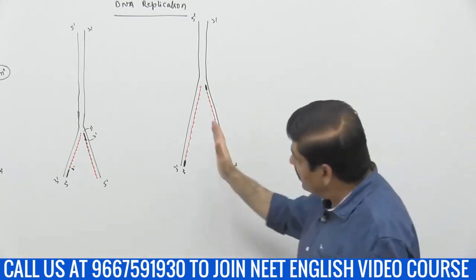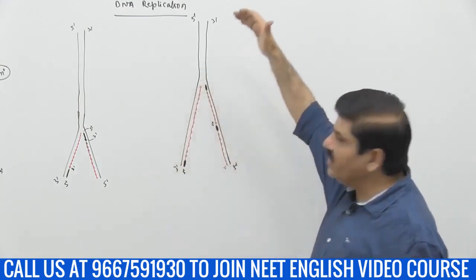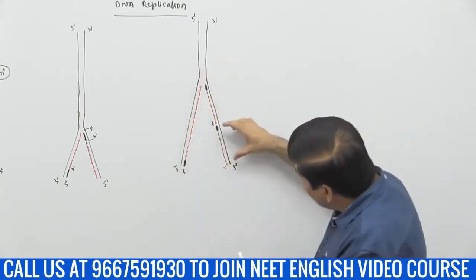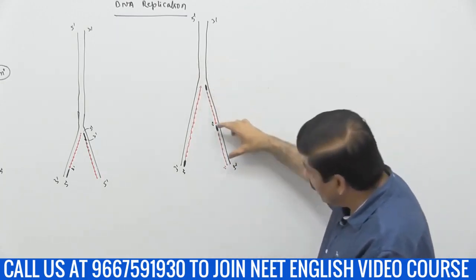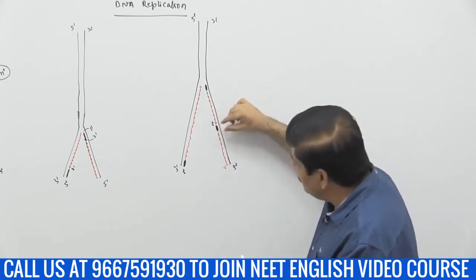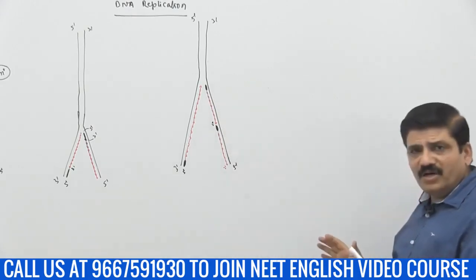Now please see that one of these strands is being continuously replicated, while the other strand is discontinuously replicated in short fragments. Each fragment has in the initial part an RNA primer. This is very, very important to understand.